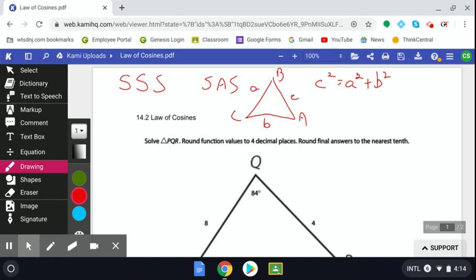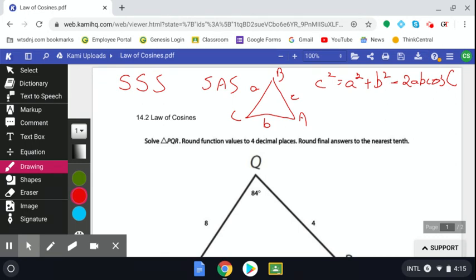Essentially, the reason for that is because cosine 90 is 0, and because cosine 90 is 0, when you multiply a and b by 0, you get a 0. So in this case, you also have to do a squared plus b squared minus 2ab cosine of the angle out there.